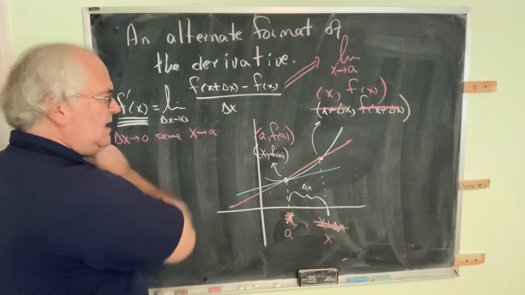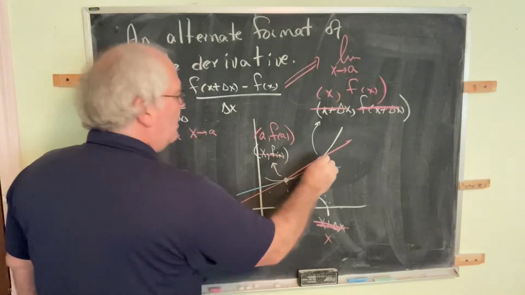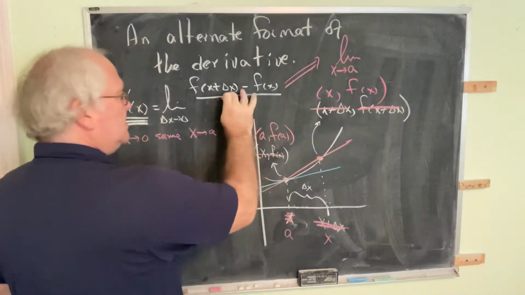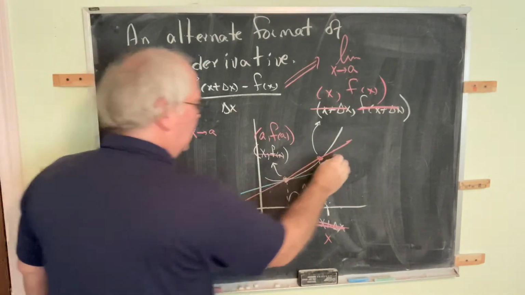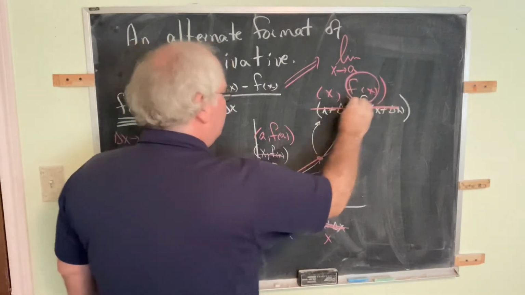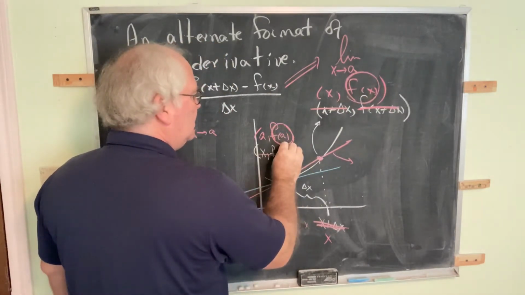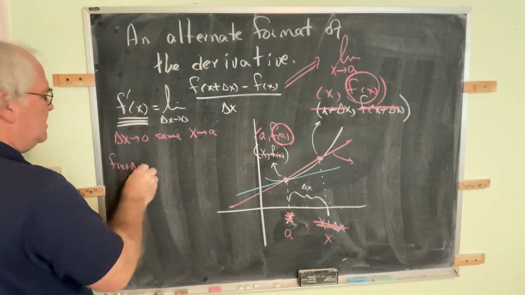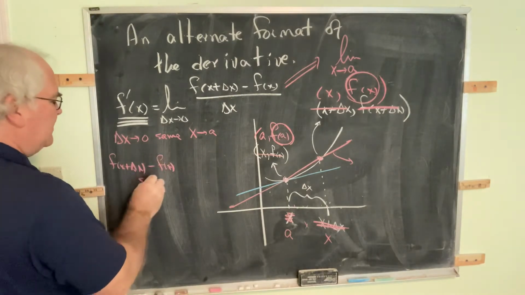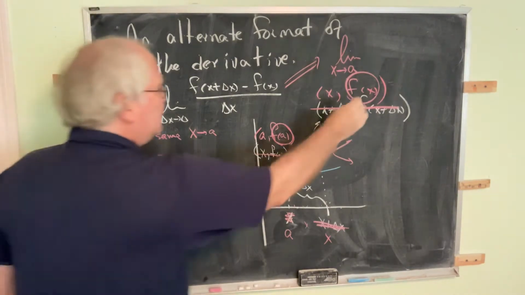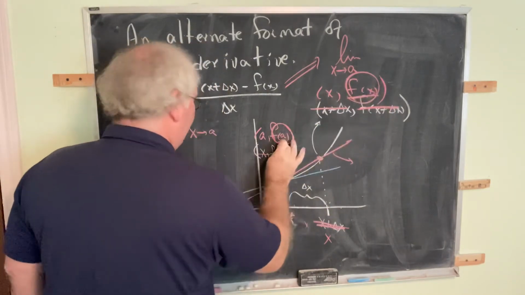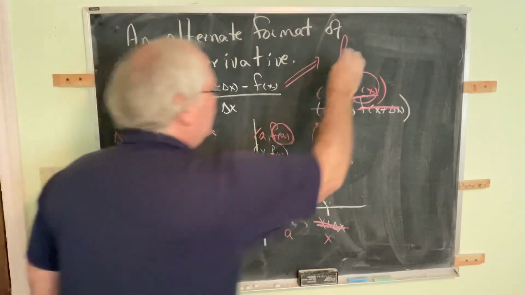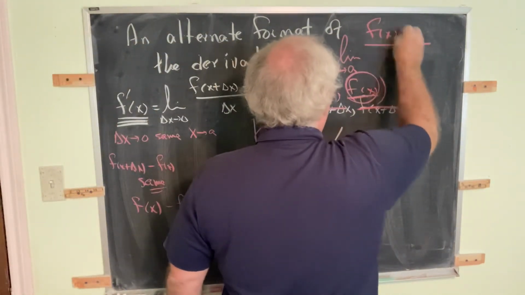And for the slope of the secant line, instead of taking y coordinate minus y coordinate, f of x plus delta x minus f of x, now we take y coordinate minus y coordinate. And so this numerator, f of x plus delta x minus f of x, is the same as, in the red notation, f of x minus f of a. And so that's what goes in our numerator, f of x minus f of a.